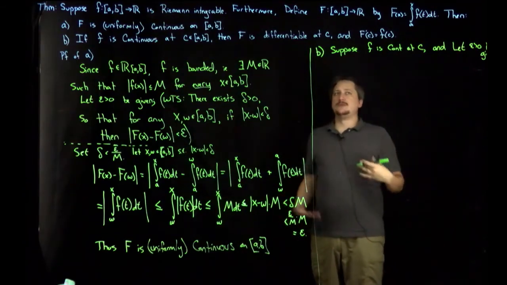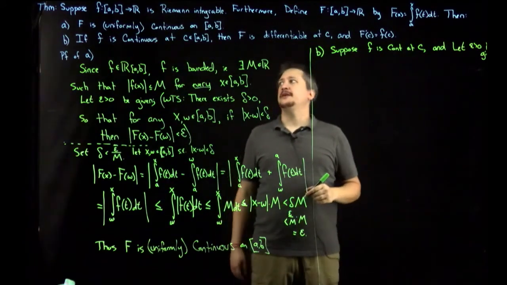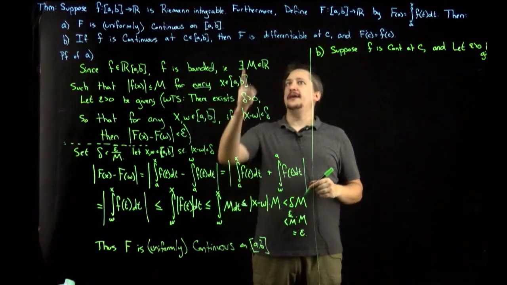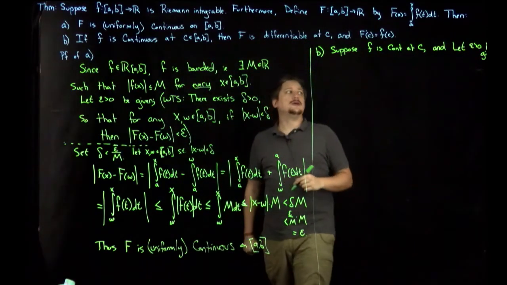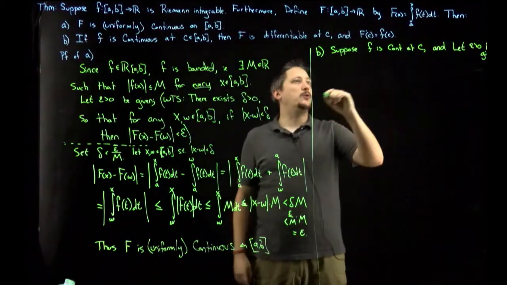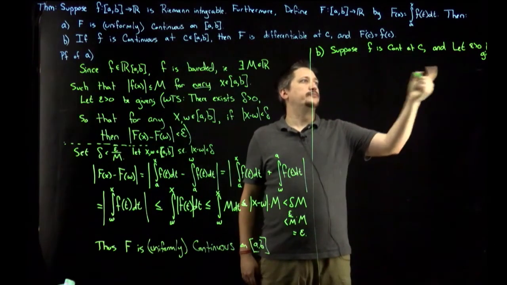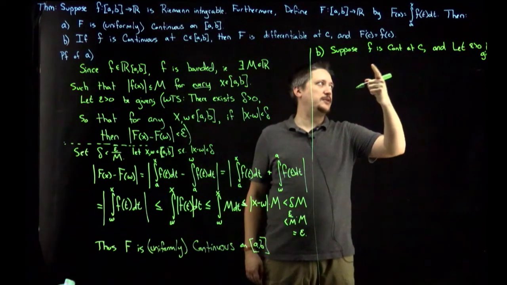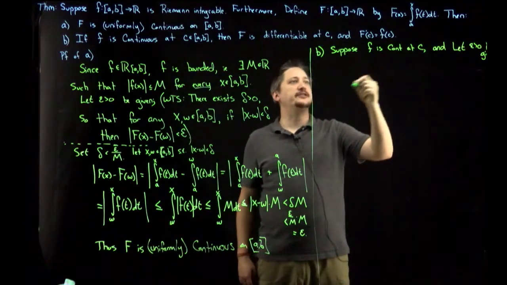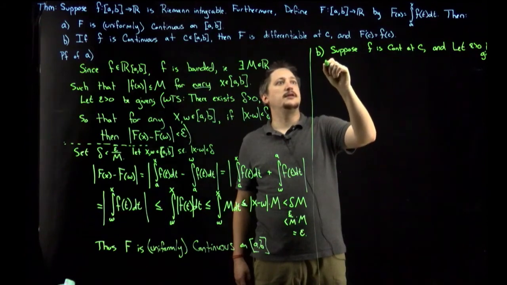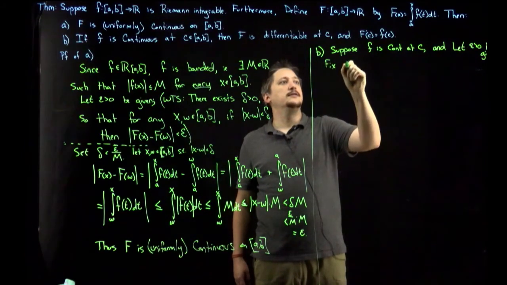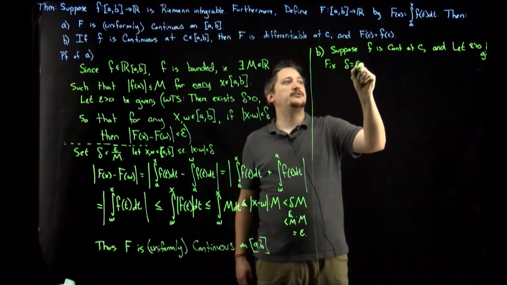So what we want to show then is that F is differentiable at that point, right? Maybe I'll do the first part first. So f is continuous, what does that mean? Let's fix delta equal to epsilon.